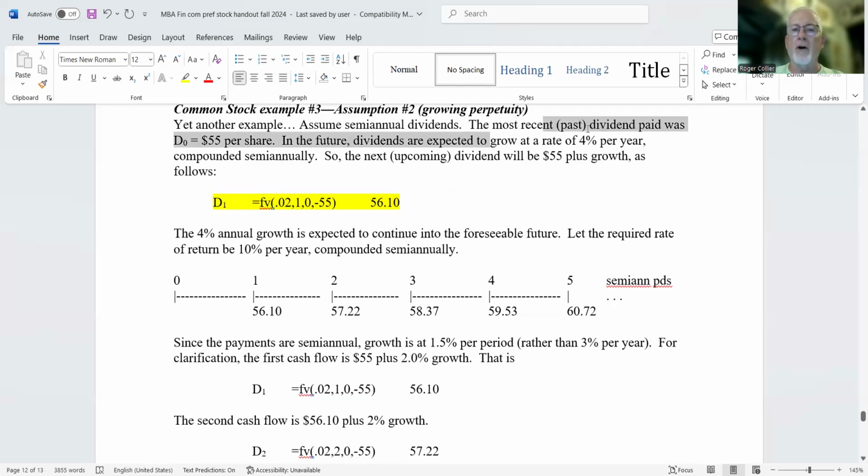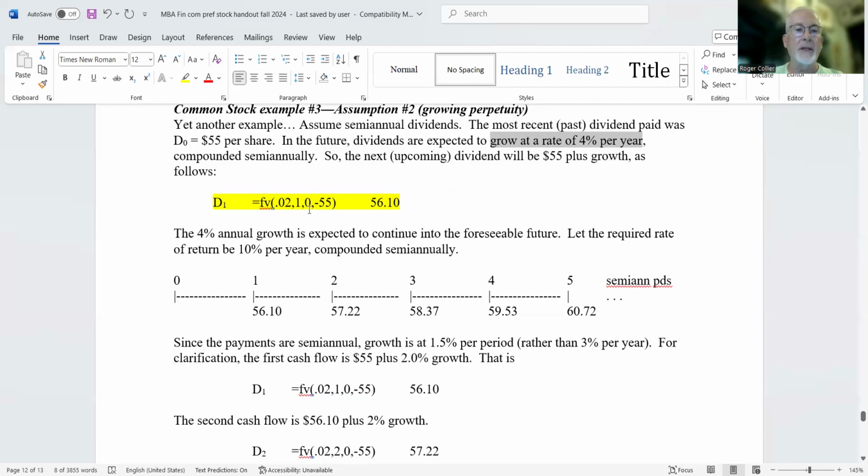Well, the growth rate is 4% a year. So that's 2% semi-annually. So there it is, 2%. One period from D0 to D1, that's one period on the timeline, one.